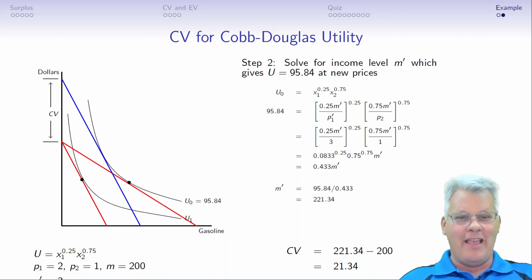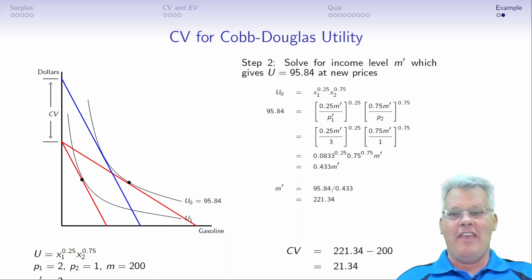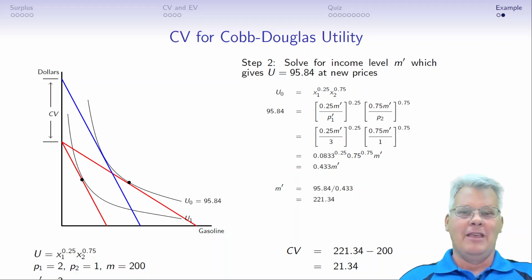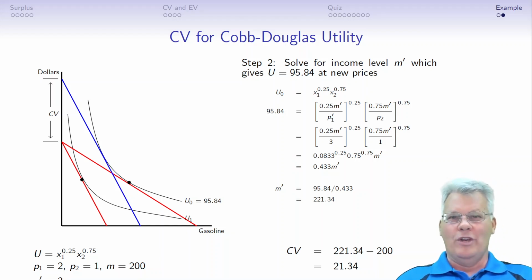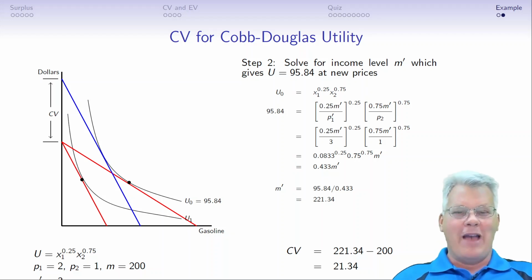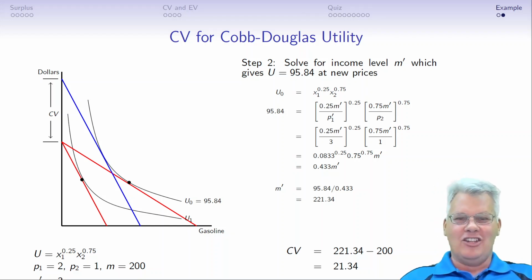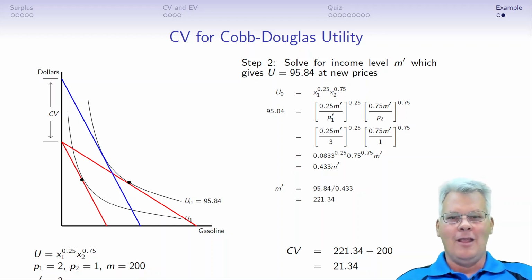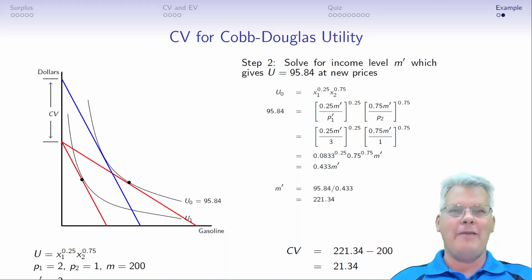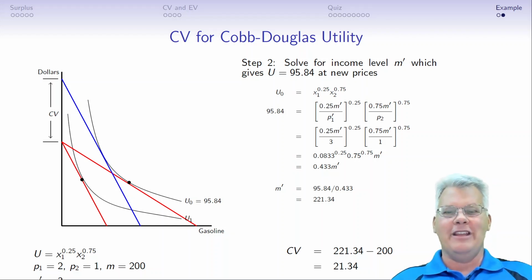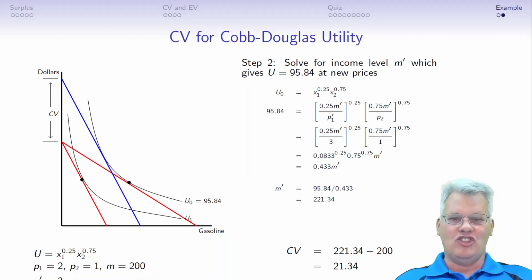As I simplify that expression, I'm able to recover m prime and then have some ugly stuff preceding it, which, using my calculator, I get to 0.433. If I know that 95.84 is equal to 0.433 m prime, through simple rearrangement I find m prime is 221.34.